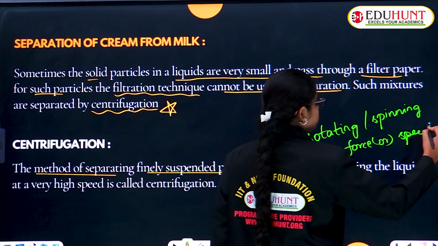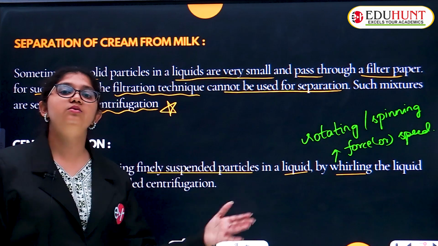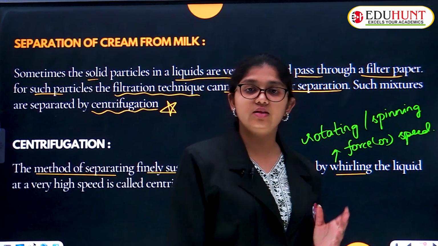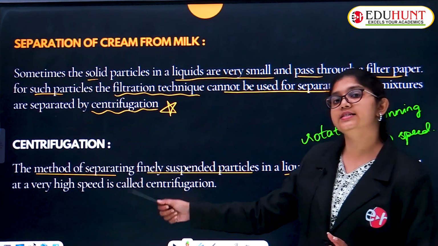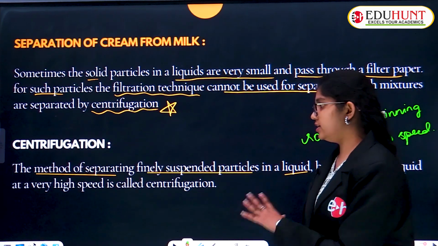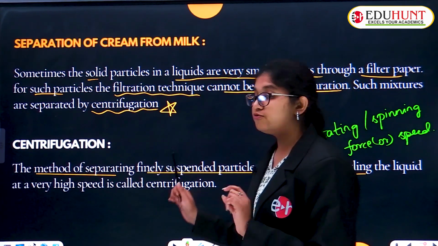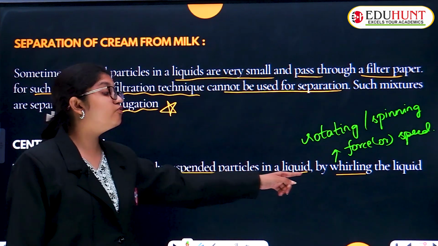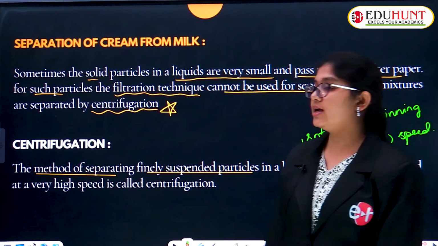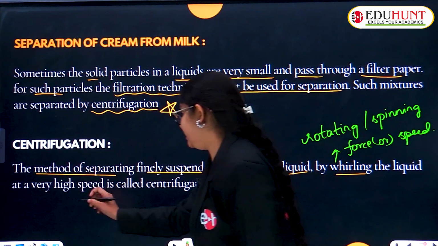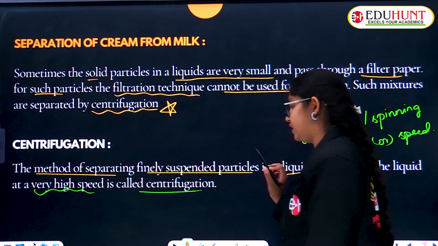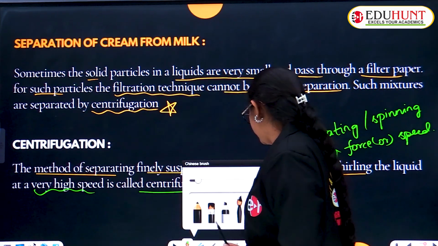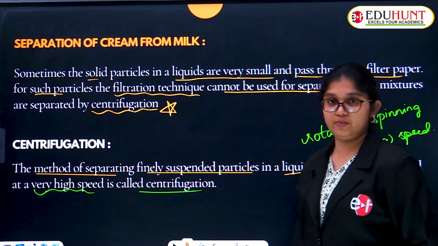The machine is rotated at high speed so that the particles present in the liquid get separated by the technique called centrifugation. So the method of separating finely suspended particles in a liquid by whirling the liquid at a very high speed is called centrifugation. In that machine we are going to separate the given components of the mixtures.